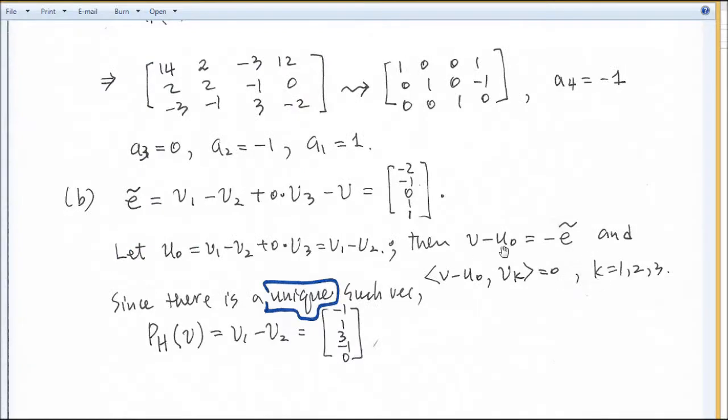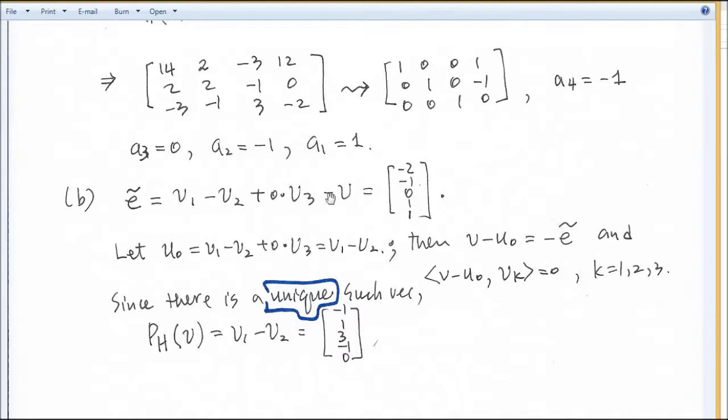Anytime there's u0 such that v minus u0 is perpendicular to everything in H. Wasn't that the projection? Right? Remember that theoretical description? Everything that is in H is a combination of V1, V2, V3. If it's orthogonal to the 3, then all linear combinations are too. So we're looking for that.